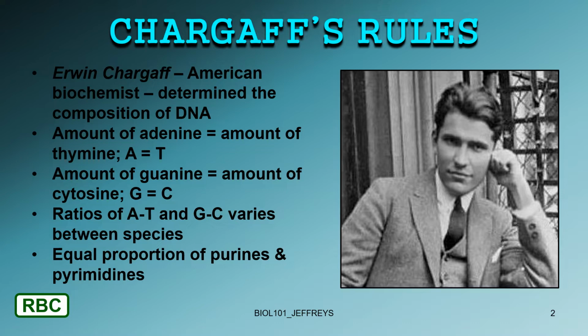Erwin Chargaff was an American biochemist who actually determined the composition of DNA, and what he found was that the amount of adenine, okay, so remember the four bases of DNA: adenine, guanine, thymine, and cytosine, right? A, T, G, and C. And what Chargaff deduced was that the amount of adenine equals the amount of thymine.